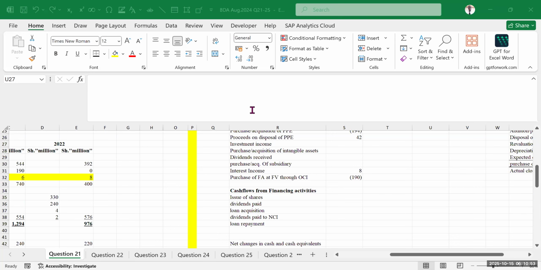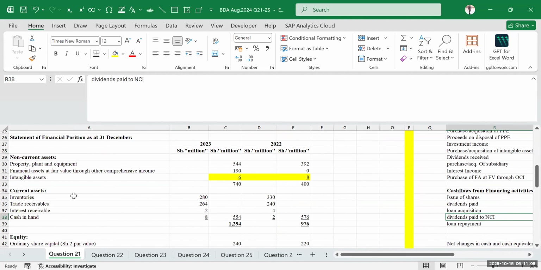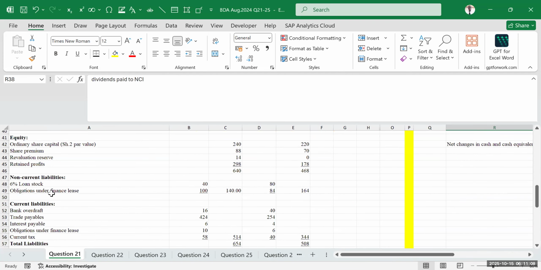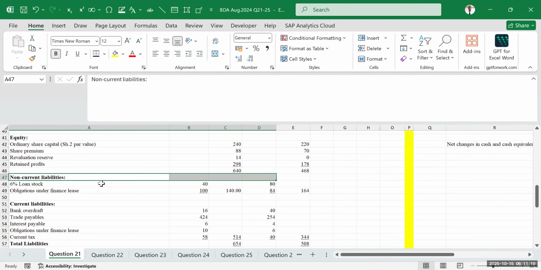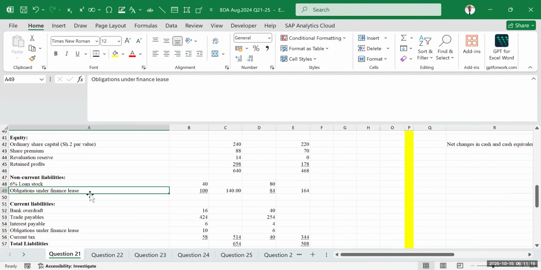If there is any cash payment, for example, on the amounts borrowed, then it will also fall under this activity. Then if there is any lease, remember, there is a mention of lease. If you look at our statement of financial position, you will realize that under non-current liabilities, we have loan, which is a source of finance, and again, we have lease. We have lease as a non-current liability, and we also have a current liability of lease obligation under lease finance.